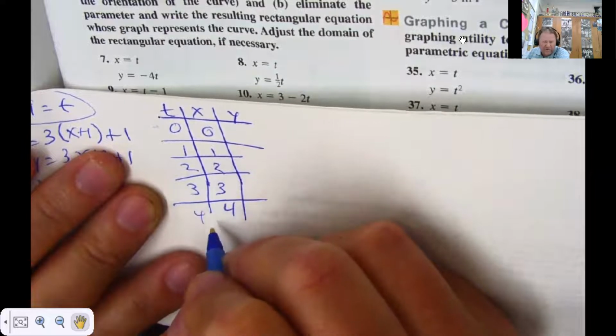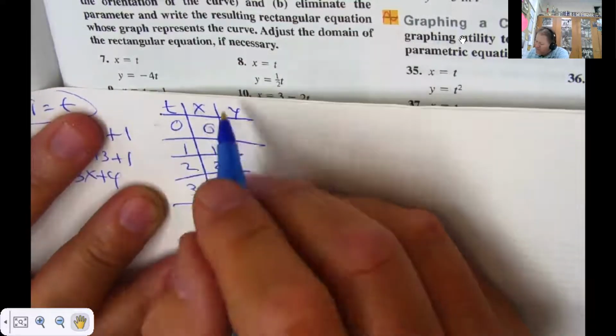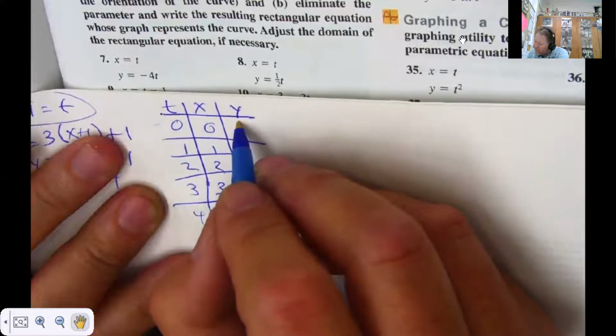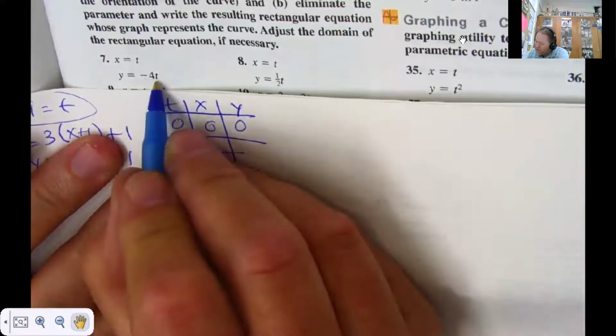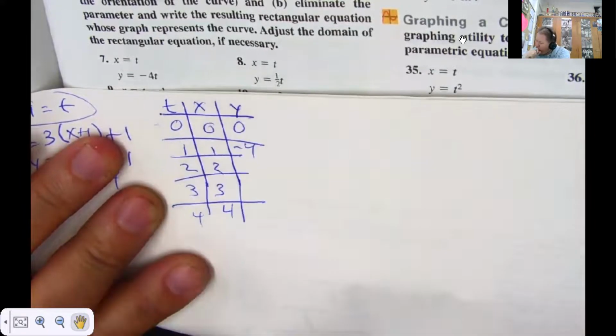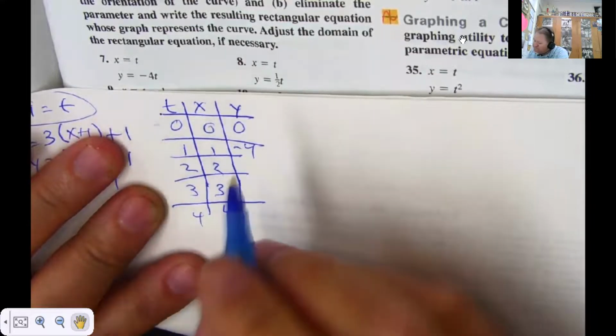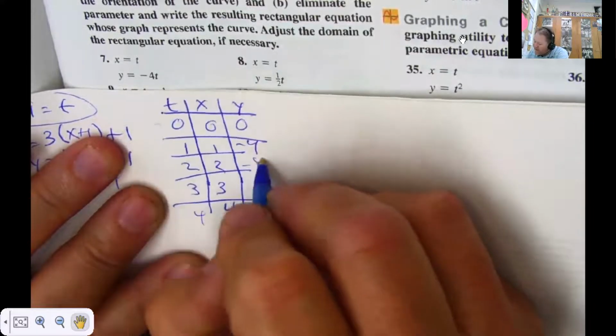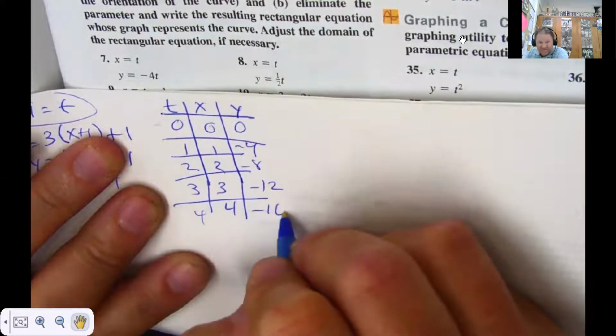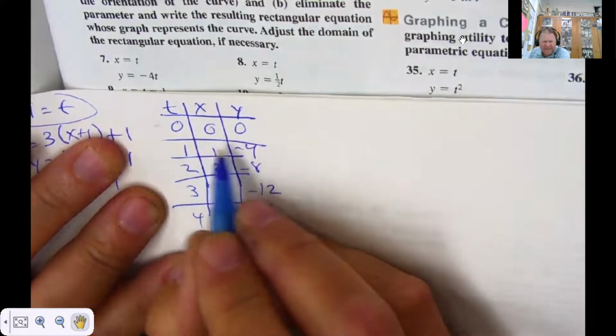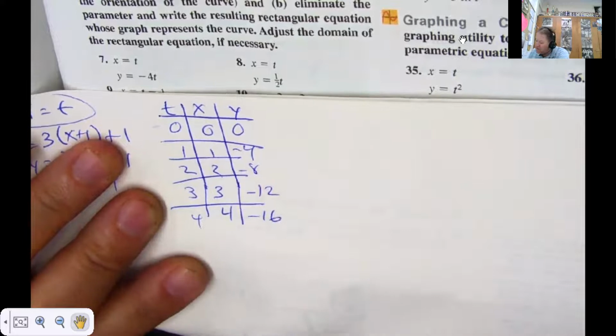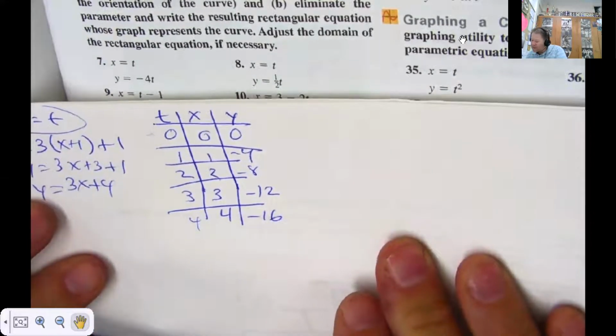T equals x. Now you have to substitute back in. When t is 0, y would be 0. When t is 1, it would be negative 4. Excuse me. When t is 2, this would be negative 8, negative 12, and negative 16. Then you'd plot these x, y values. You get the idea.